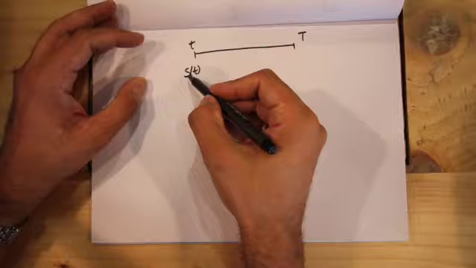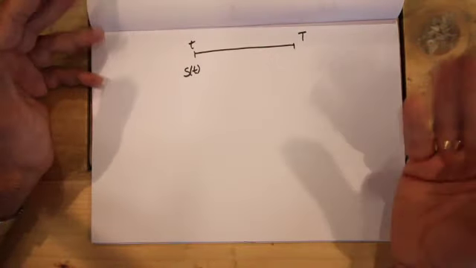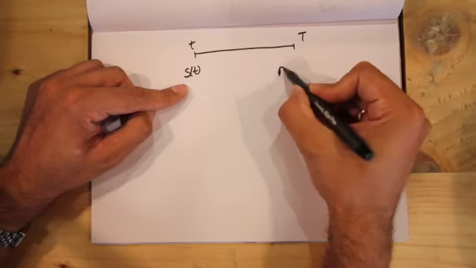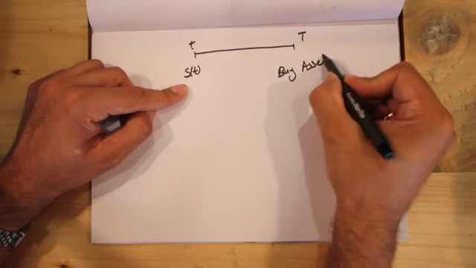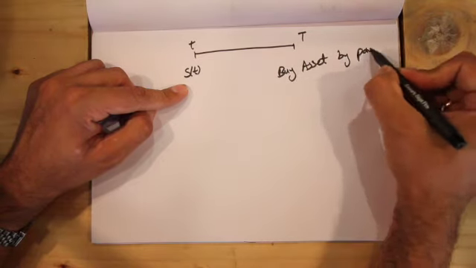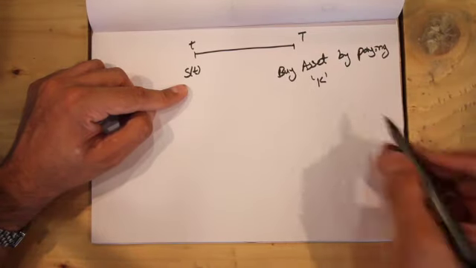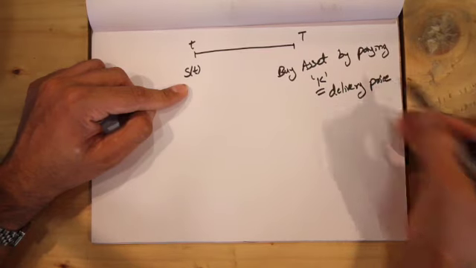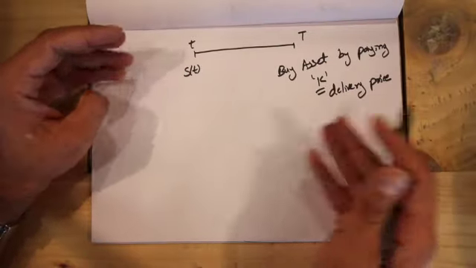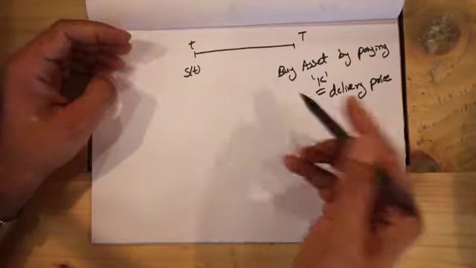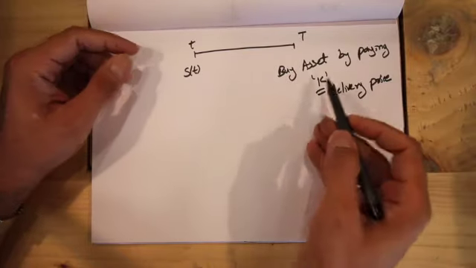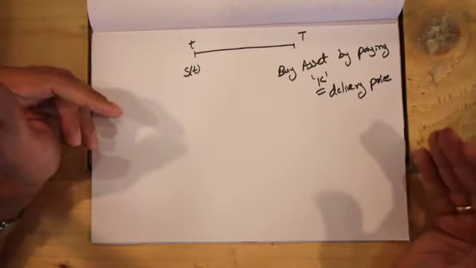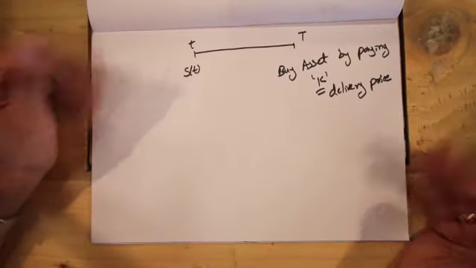The buyer of the forward contract would enter into a contract with the seller whereby they agree that at time capital T, the buyer of the contract would buy the asset by paying the delivery price K. It's a simple contract where the buyer and the seller agree on this, and we want to make sure that this delivery price is fair to both the buyer and the seller of the contract.